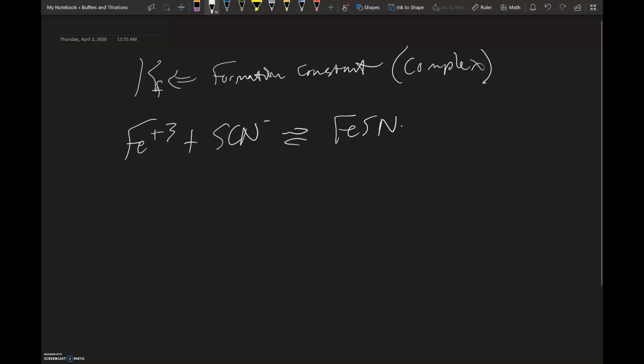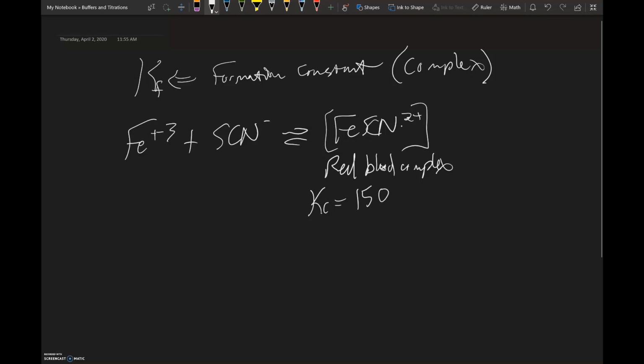We formed the FeSCN 2+ complex, and if you remember, this was a red blood complex, and it formed very favorably. The equilibrium constant for that was 150. Usually the complexes that form have fairly large equilibrium constants as it is.